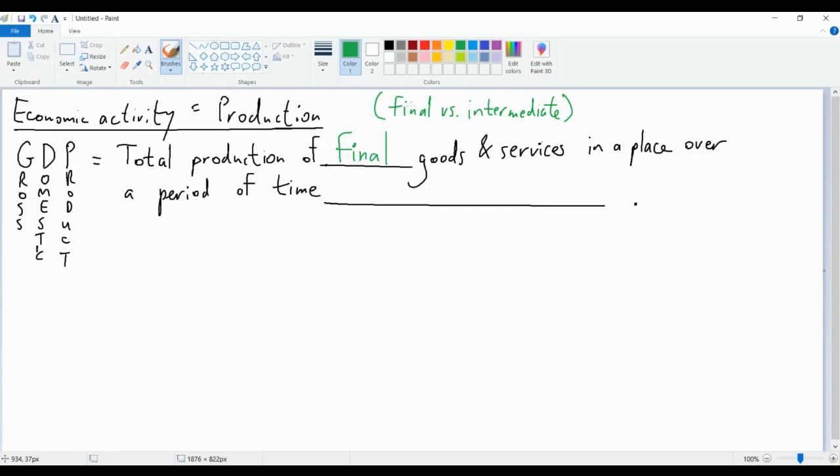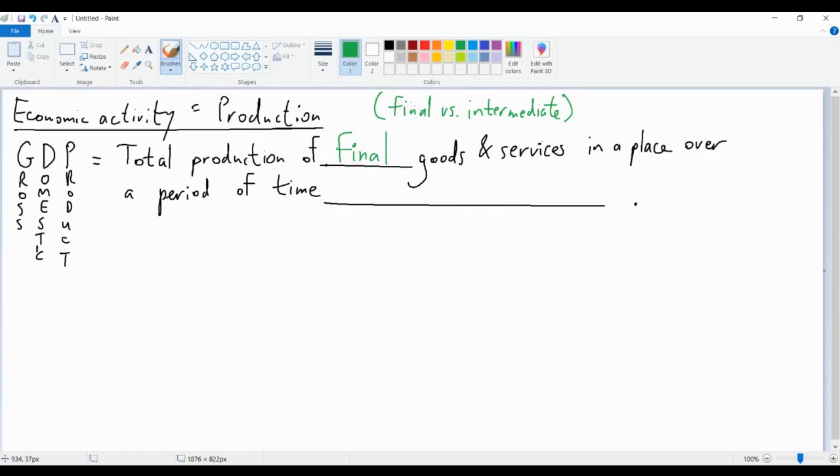Now, this tea cost, let's say $3, and this phone cost, let's say $300. So that tells us this phone was much more valuable than this tea, and so you would think that phones should be counted in GDP more heavily than the same unit of tea.